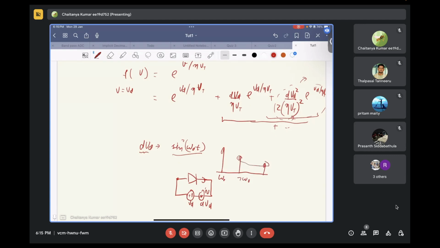The strength of these tones will depend on how small or large your dVd is.